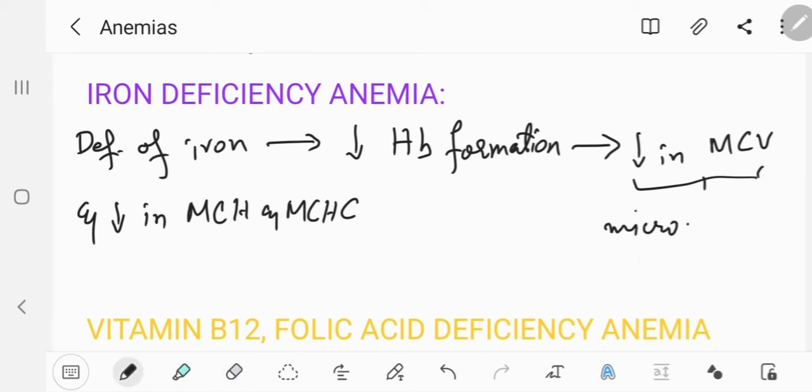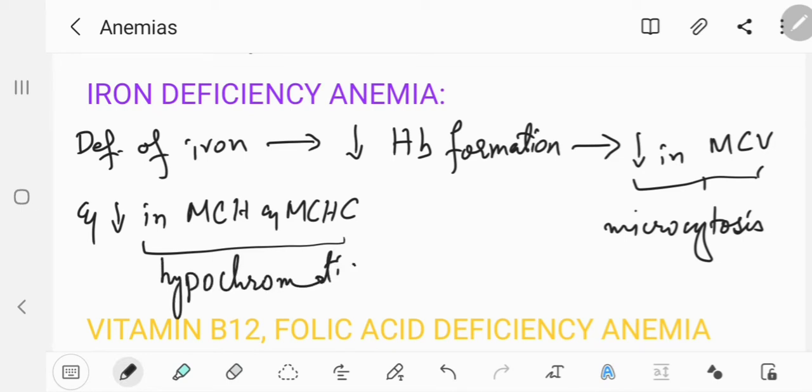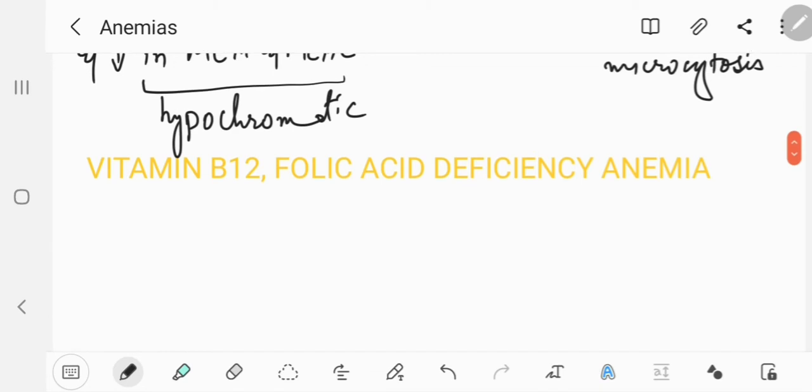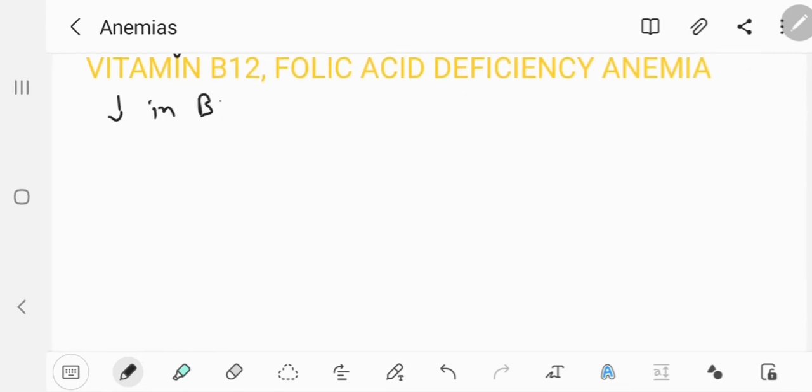Due to this decrease in the MCV, the cell will be microcytic, and due to decrease in hemoglobin concentration, the cells will be hypochromic. So this anemia is microcytic hypochromic anemia.